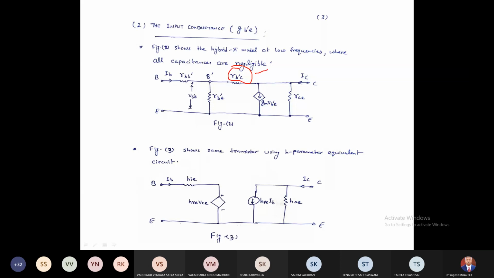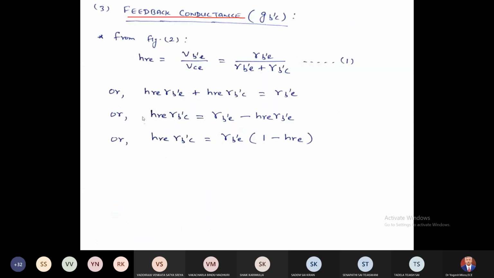So we want to find the conductance, feedback conductance, right? So feedback conductance is GB'C, or it can also be written as 1 by RB'C, right?